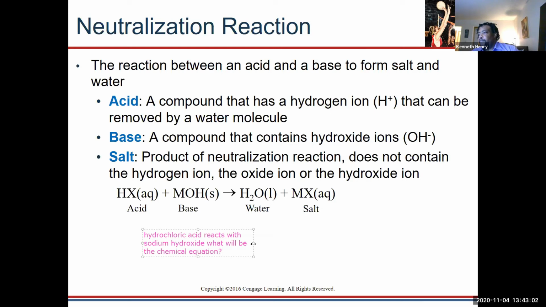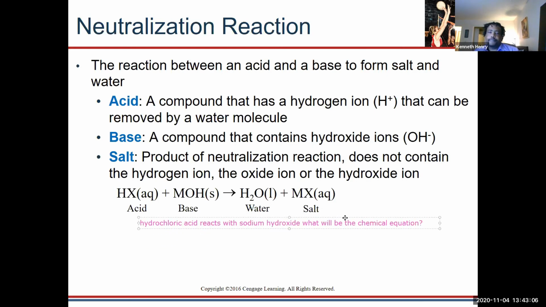Okay, so what will be the chemical equation? Jennifer.